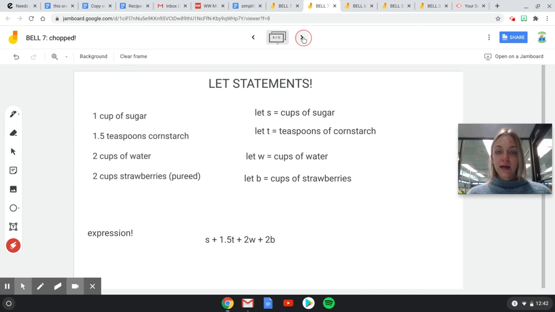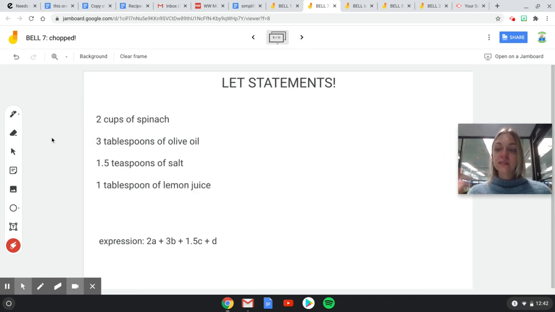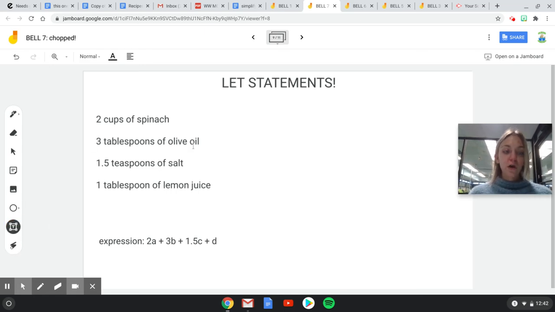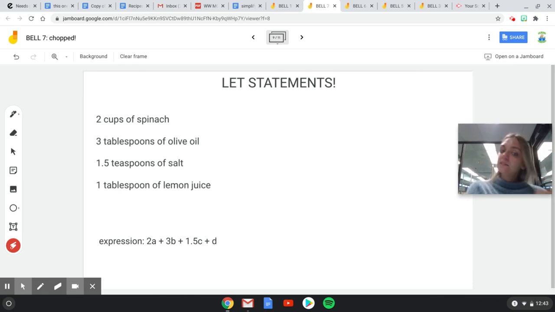Let's try the next one on slide 9. This is going to be really similar to what you're doing today. So we have our expression given to us, just like you had your expression given to you in the working recipe. And now what we're going to do is write let statements based on the expression. So I need to find what variable gives me 2, because I'm looking at 2 cups of spinach. So which variable has the coefficient of 2?